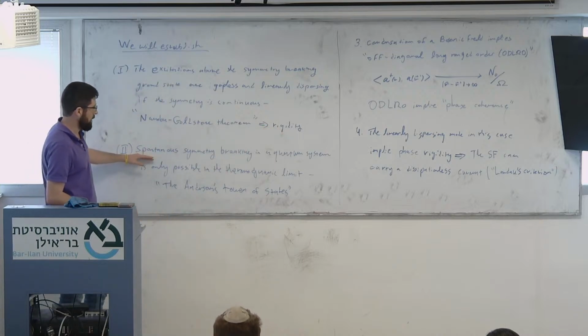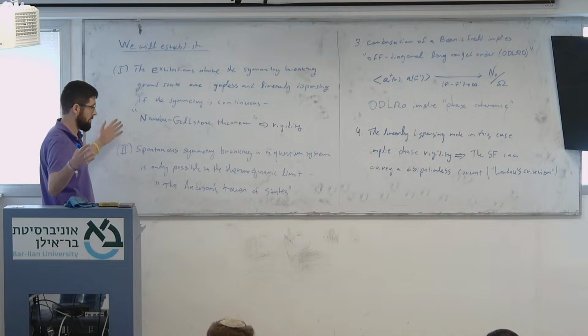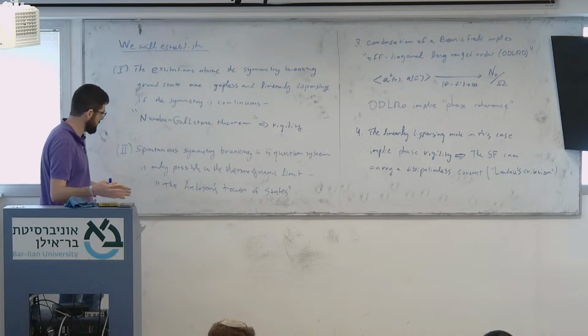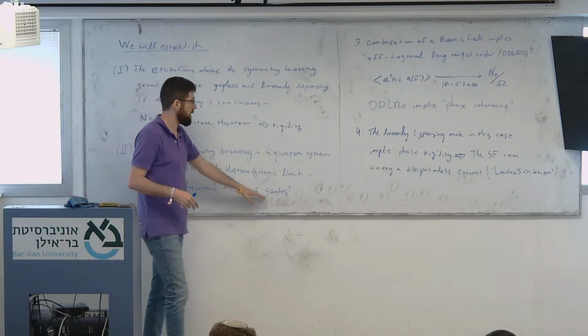The fact that this spontaneous symmetry breaking is only possible in the thermodynamic limit, i.e. in a large system containing a huge amount of particles, and this we're going to establish through this concept of the Anderson's Tower of States.